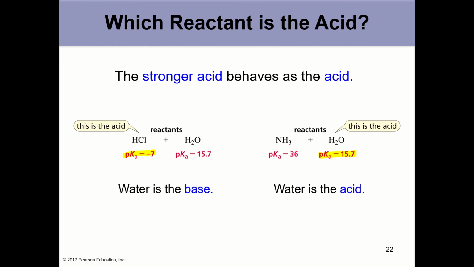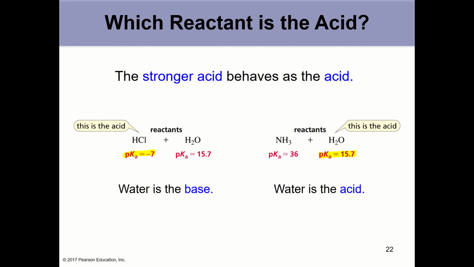We can determine which is the stronger acid by looking at the pKa. And if we have reactants, we can also determine which of the reactants acts as an acid by looking at the pKa's of the two molecules.